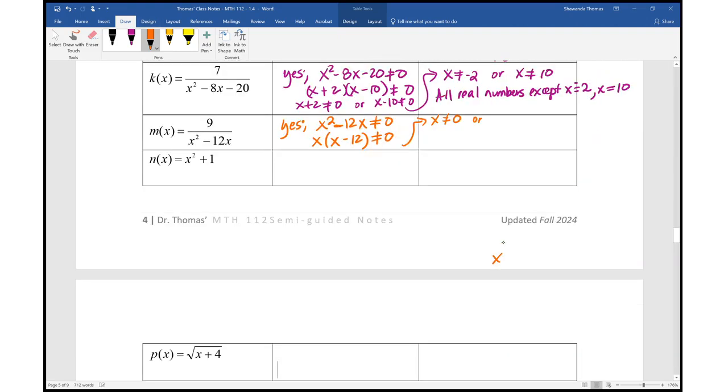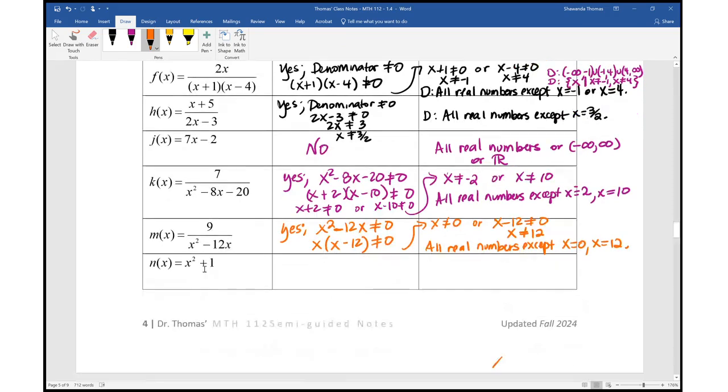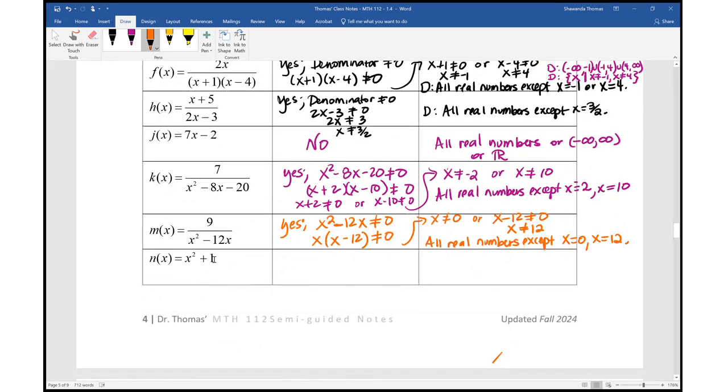And we don't want x minus 12 to equal 0. So therefore, we don't want x to equal 12. So all real numbers except 0 and 12.